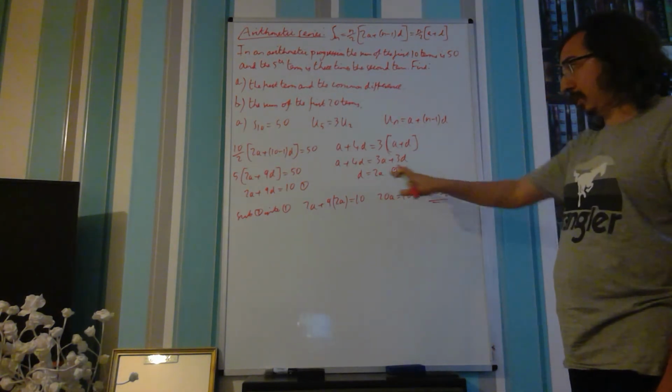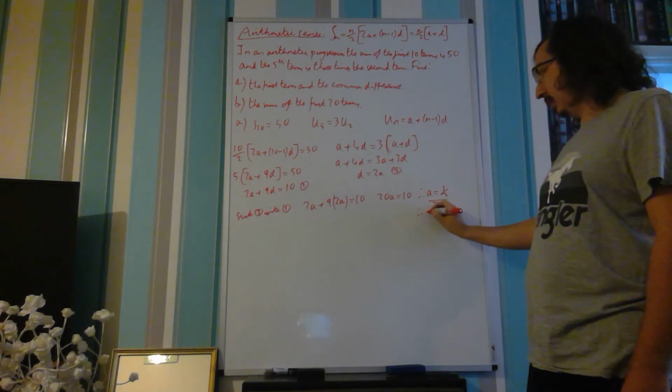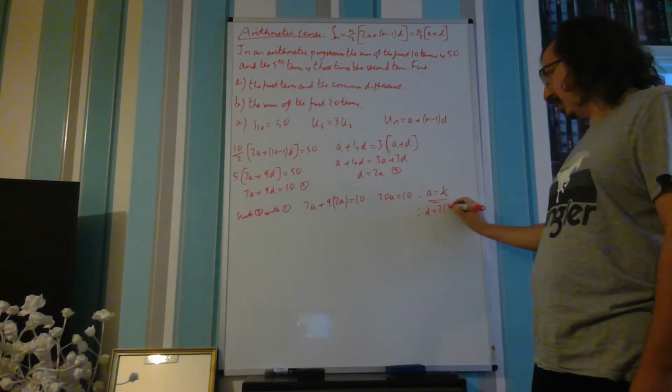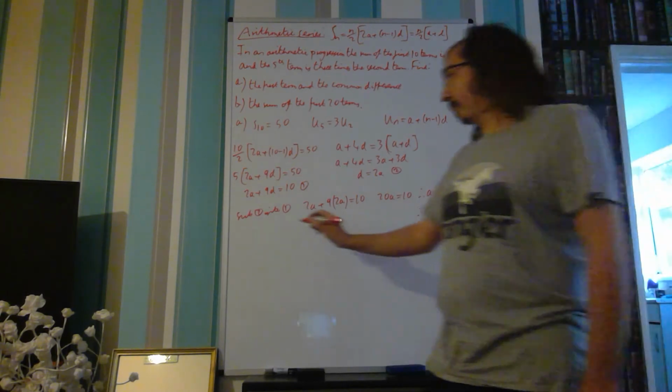Now if we substitute this value into equation 2, we can say d is equal to 2 times a half, which is equal to 1.